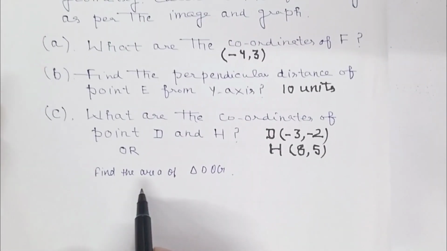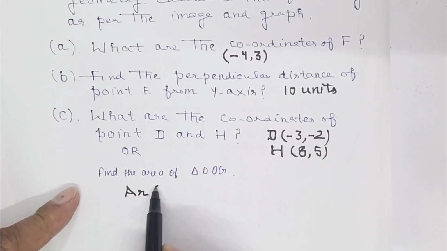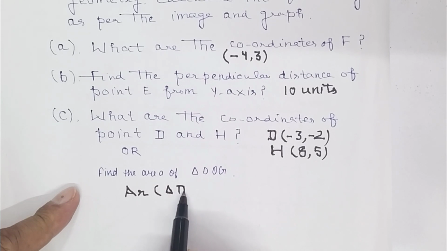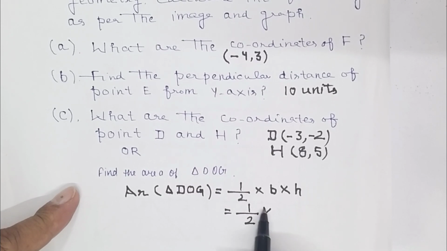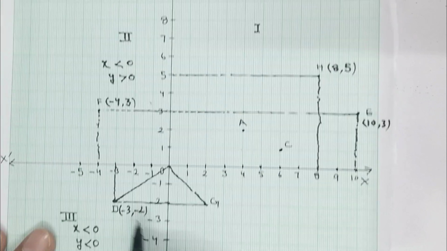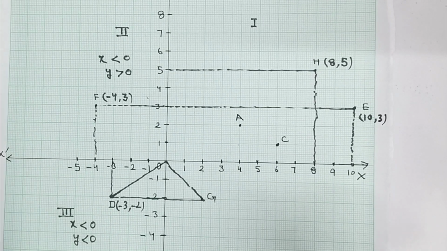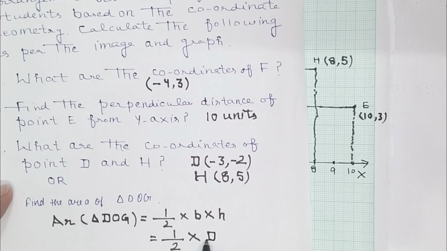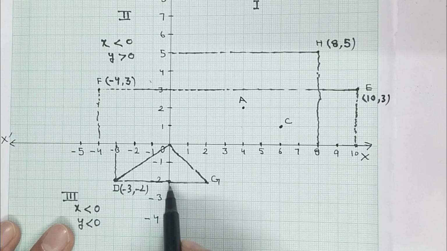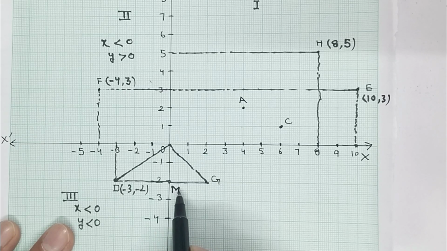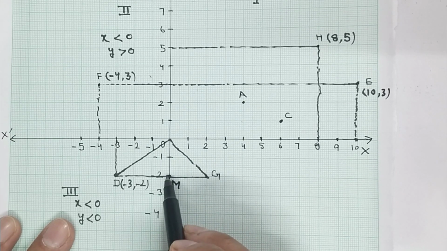So area of triangle DOG is equal to 1 by 2 into base into height. So 1 by 2 into, what is base here? This is base DG, and the height to be taken is, let this is point M, or any other point you can take, this is OM.